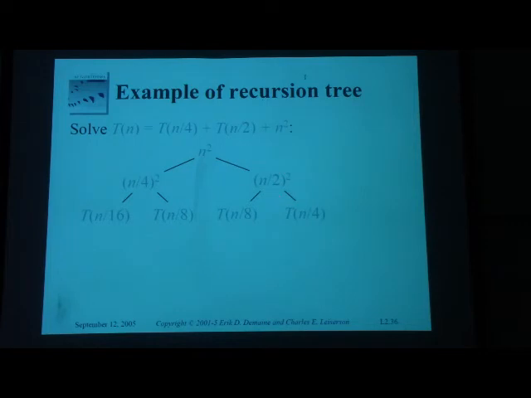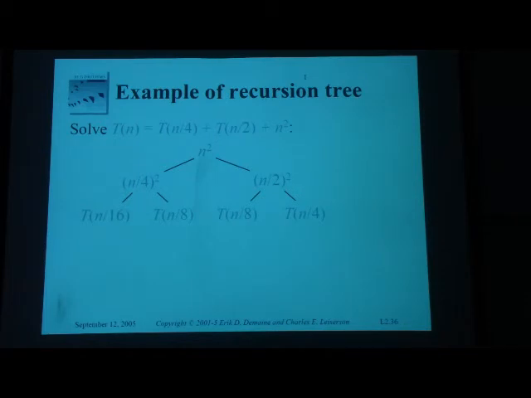N squared over 4 is how many sixteenths? N squared over 4 is equal to 4n squared over 16. So 4n squared over 16 plus n squared over 16 is 5/16 n squared. That's the amount of work we're going to be doing at level 1.